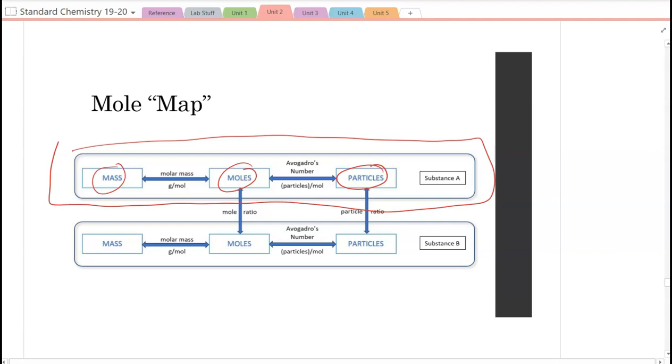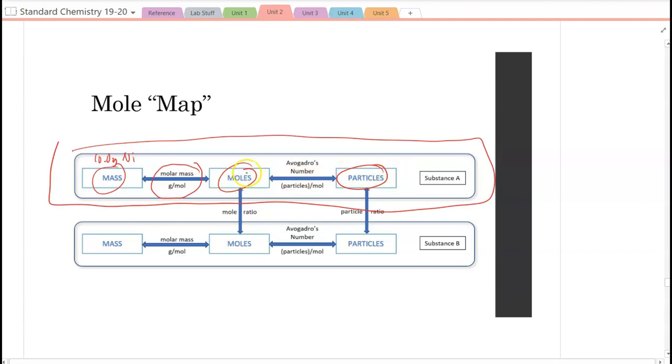For example, if you're given 10.0 grams of nickel and you're being asked for the mole amount of nickel, what can I use? I know that I have the molar mass right there. That's used as a bridge between mass and moles to get me from grams of nickel to moles of nickel. That works for any other possibility. For moles to particles, same thing.